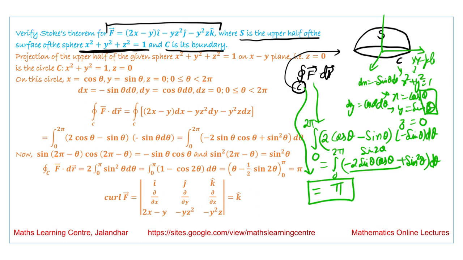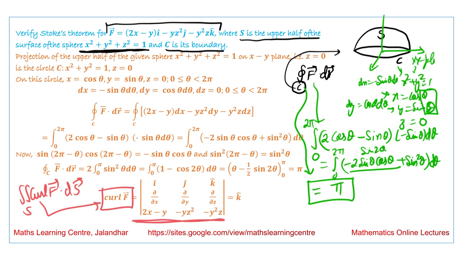Now the next thing we have to evaluate is the double integral over S of curl of f vector dot dS vector. If we calculate the value of curl of f vector, we obtain this determinant, and its answer is k cap.